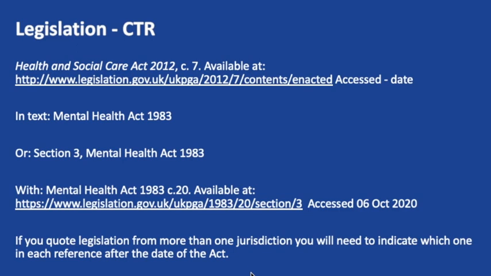So if I'm putting in legislation, I might be talking about the Health and Social Care Act. They do expect the chapter on it. If you go to legislation.gov.uk to the actual act you're looking at, it will tell you what chapter it is right at the top. So it is available.